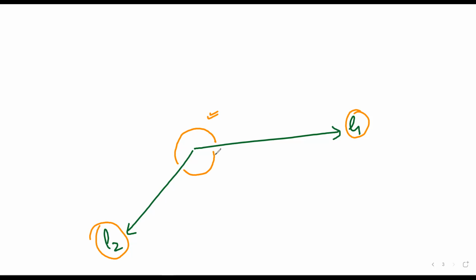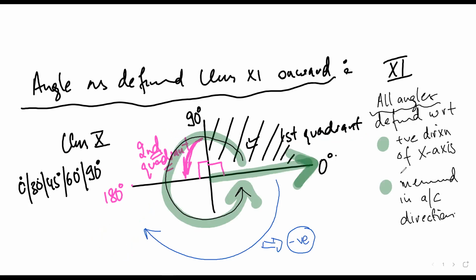But in trigonometry, the logic that we will be following is that angle between L1 and L2, because L1 incidentally is in the positive direction of x-axis, if the angle is measured like this, then it would be positive. But if the angle is measured like this, then the angle would be negative. Any doubt till here? No. So have we understood the meaning of this point 1 and point 2?